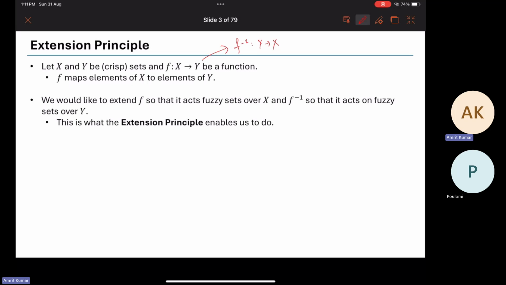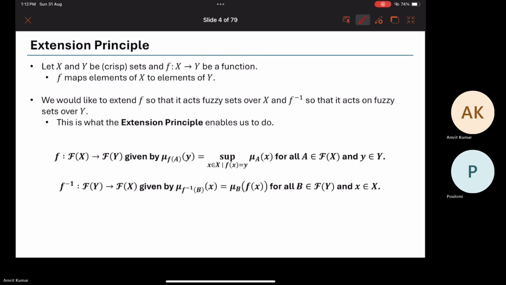So we'd like to extend this f inverse in such a manner that it starts acting on fuzzy subsets of y. And we saw that this is what the extension principle enables us to do. It allows us to extend a function f in such a way that it starts acting on fuzzy sets.